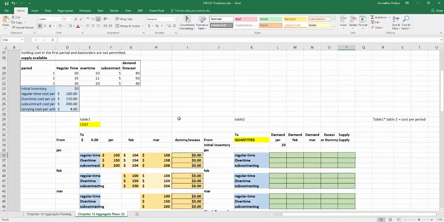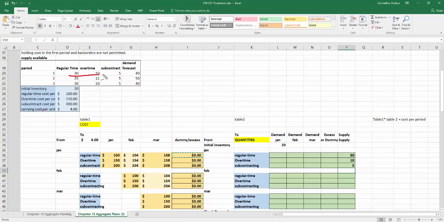30 for the regular time for period 1. Overtime is 10 and it is 5 for the subcontracting. So this is for the first period itself. So I'm just copying the given information here.